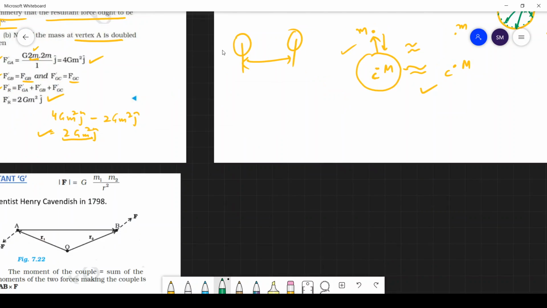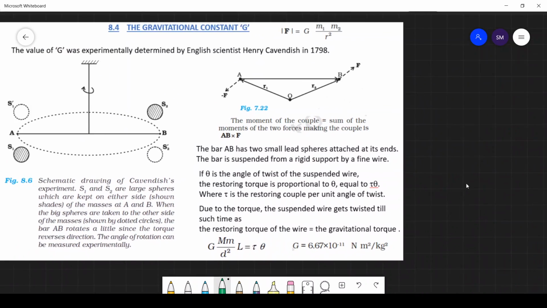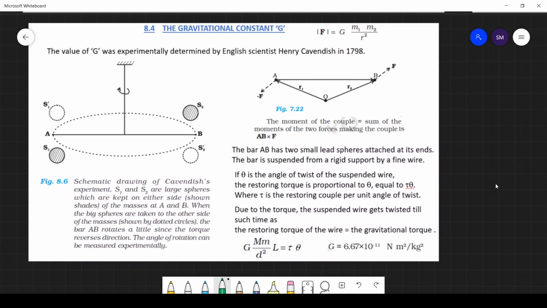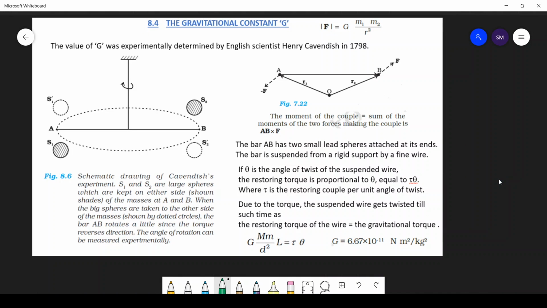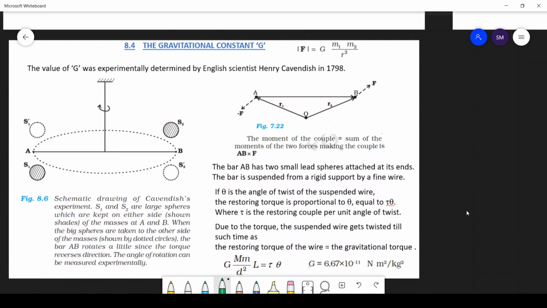Now this is a very important concept that we are going to do. We are going to find the value of the gravitational constant G. It is very easy to find. We know this formula, we know m1, we know m2, and the distance between them, but what is the value of G?